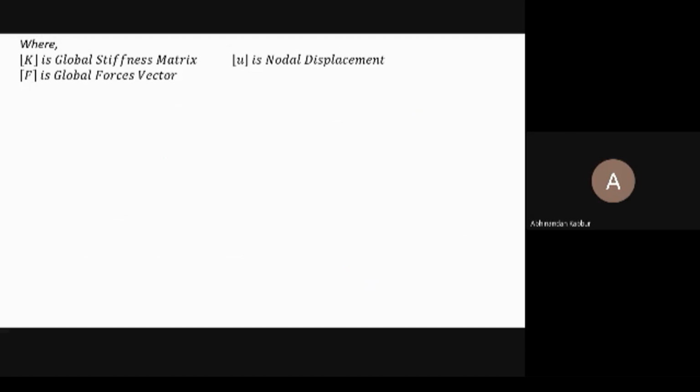So once again, K is the global stiffness matrix, U is the displacement at the different nodes, and F is the global force vector. See why I use the word vector here: because it's a column matrix. Therefore, I am using the word vector here. Okay. So that is your fourth step, getting the global stiffness matrix, or overall stiffness matrix.